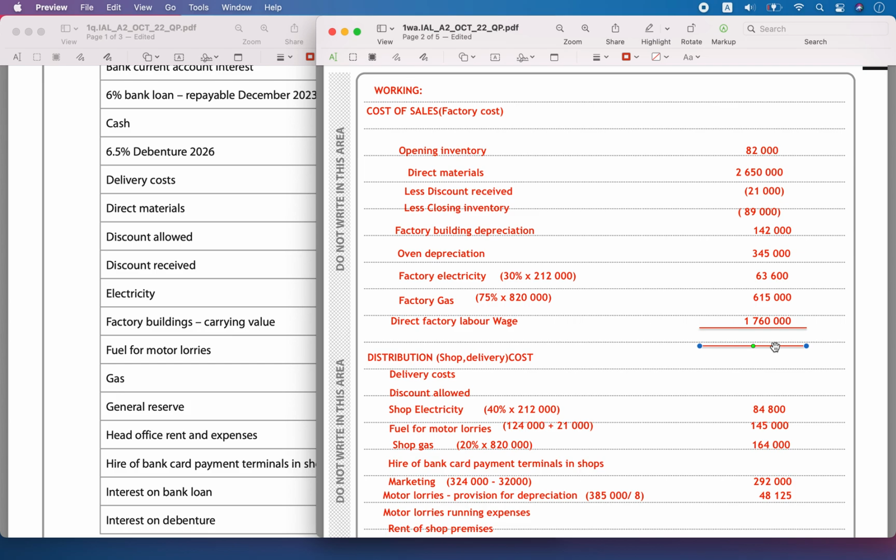plus 345,000 plus 63,600 plus 615,000 plus 1,760,000. So that is 5,547,600.